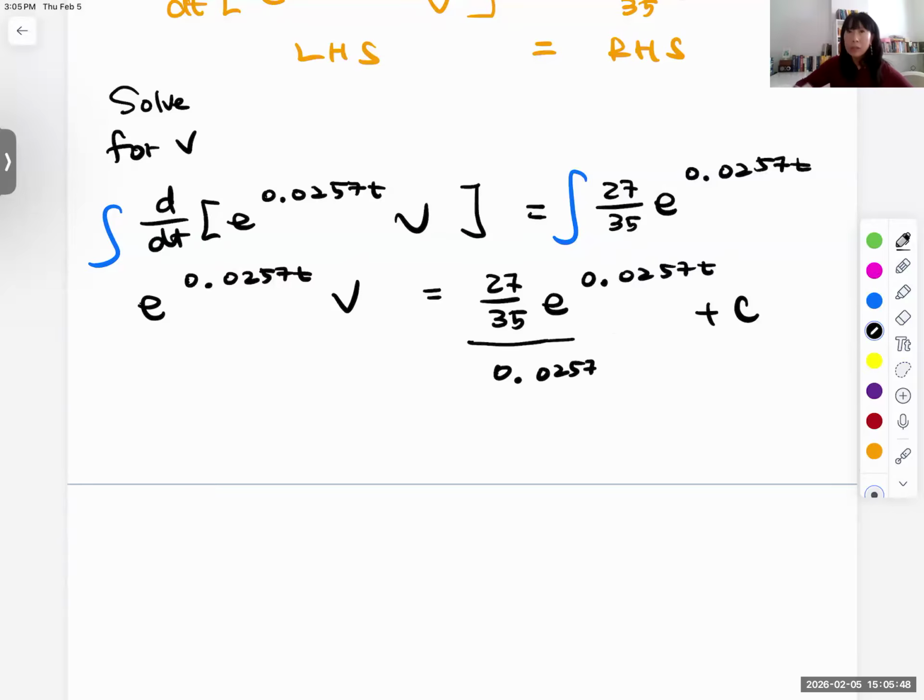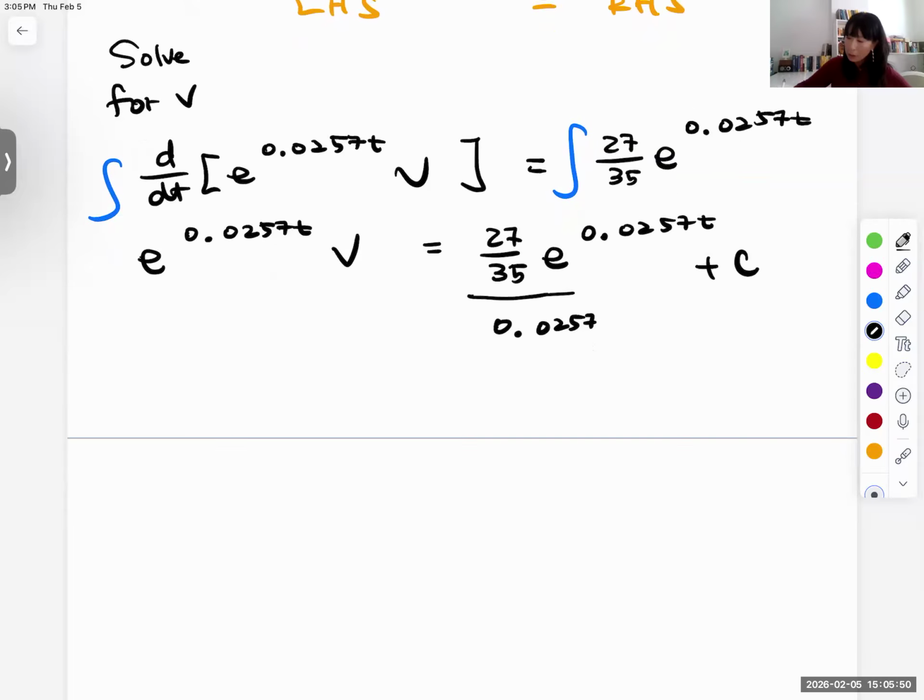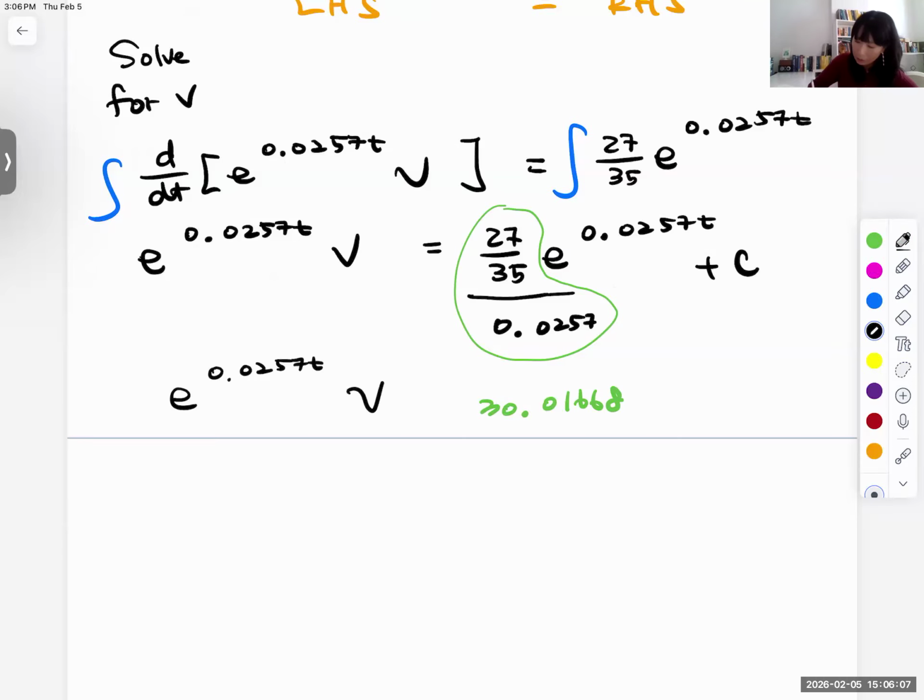If we calculate, this will be 30.01668. So e to the 0.0257t v equal to 30.01668 e to the 0.0257t plus C. Now v is there, so we divide by e to the 0.0257t.